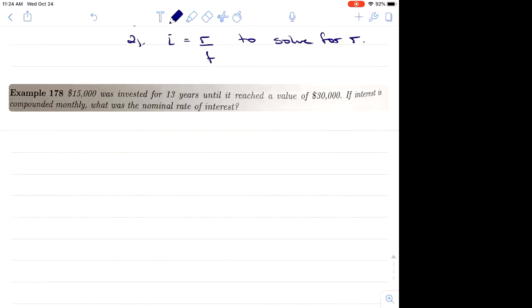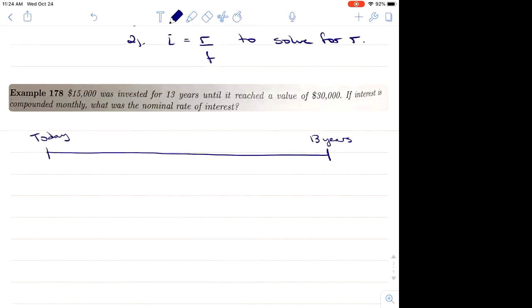So we have some amount today, and then 13 years later. Those are the only time points that we're talking about.